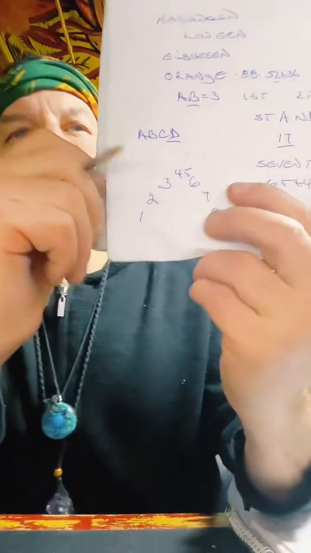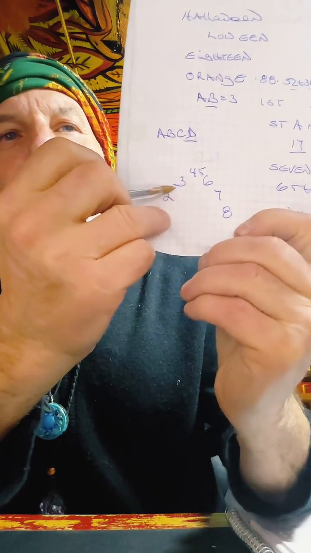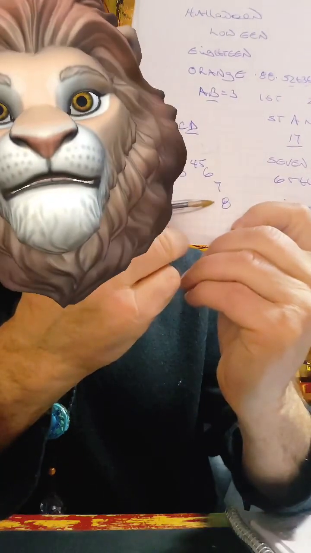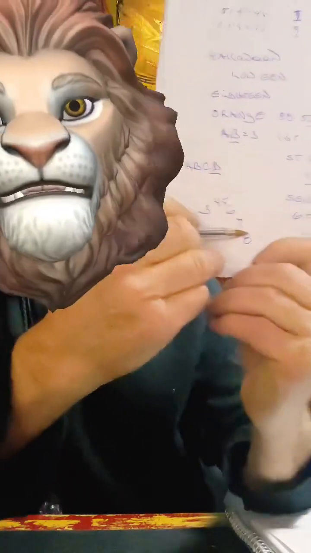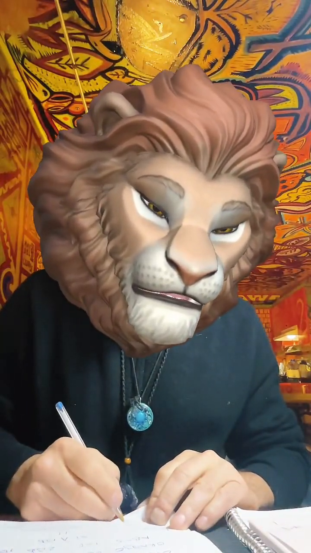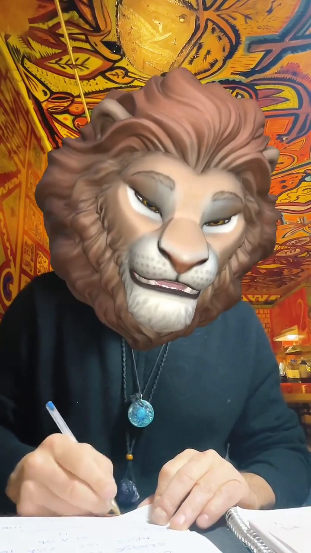So there's many ways to write this out. I can go 4 and 5 sitting at the top of 3 and 6, 2 and 7, 1 and 8. Or I can put 1 and 8 on the inside, 2 and 7, 3 and 6, 4 and 5.